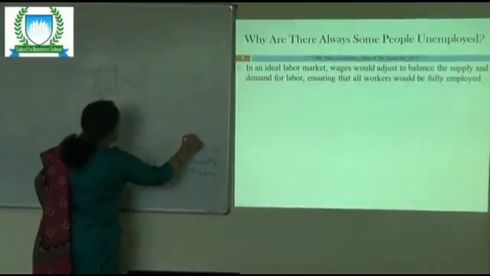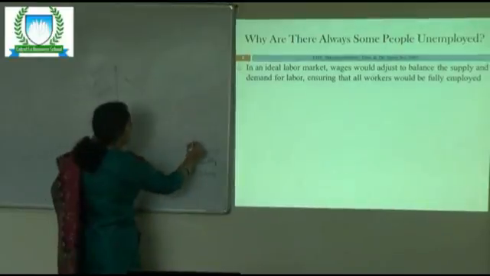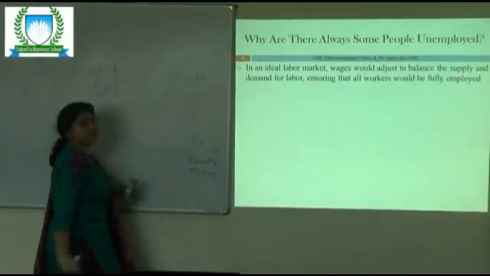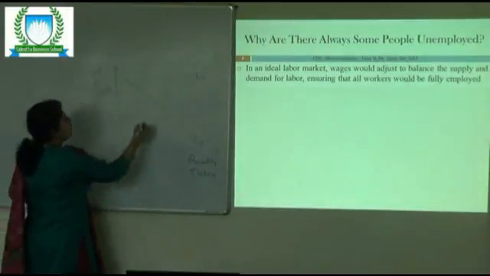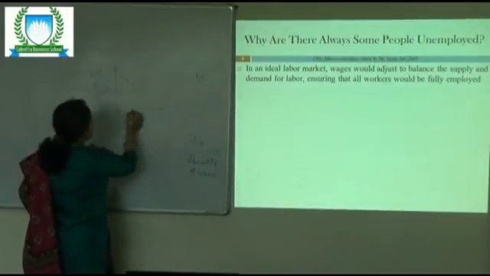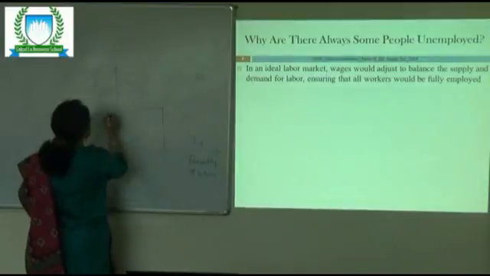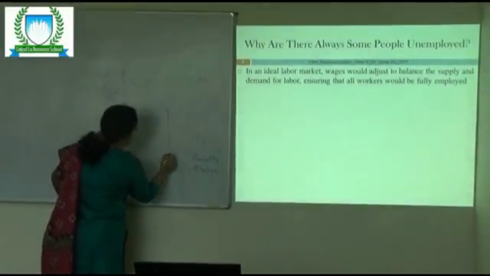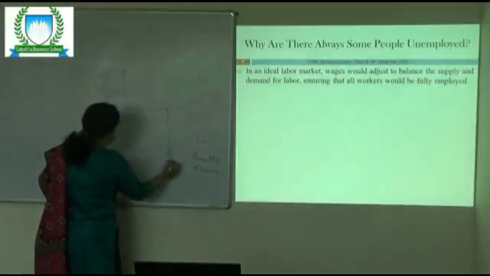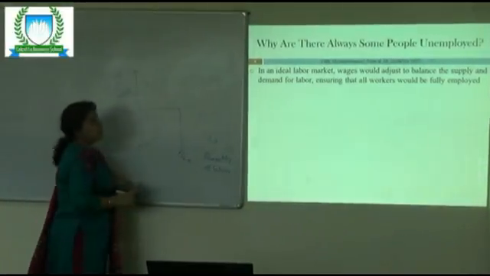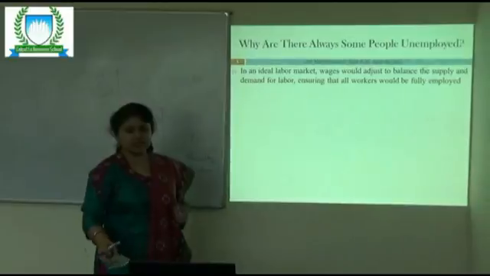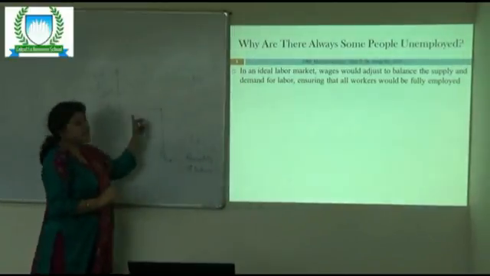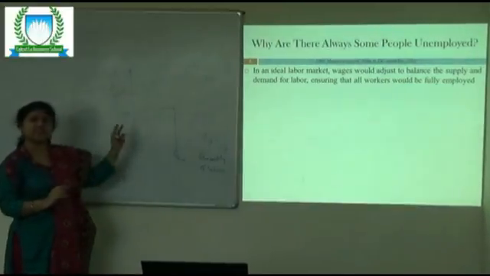Now let this be the demand curve for labor, and let this be the supply curve for labor supply. This equilibrium point determines the equilibrium wage of labor, and this is the equilibrium quantity of labor. So this determines the balance between the supply and demand in labor. So the wage is determining this balance.